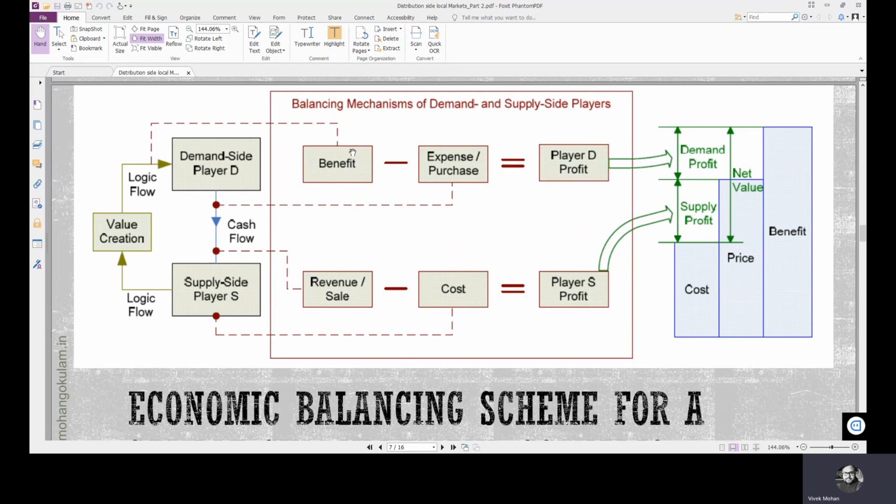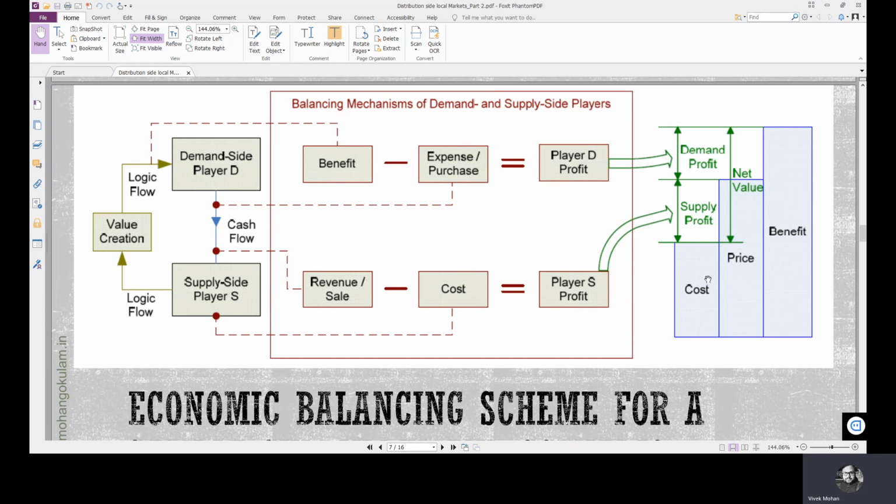Anyway, that is not in the scope of this particular presentation, but this will be quantified. Now, expense for purchase. Expense for purchase in the sense that demand side player D is purchasing energy from the supply side player S, and that is his expense. So this benefit minus his expense will give the player D's profit.